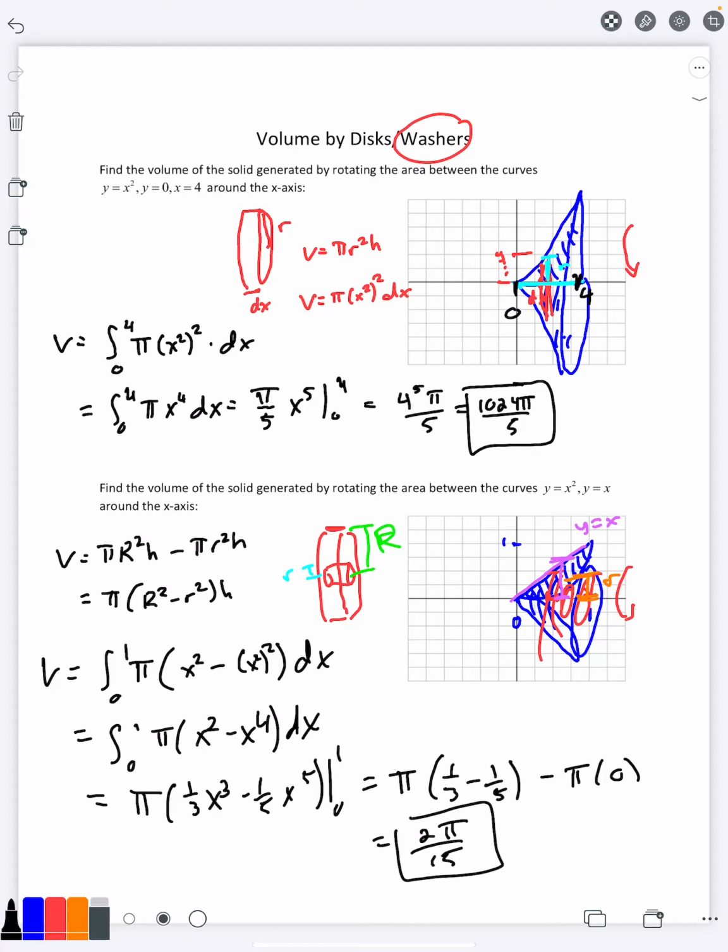So you see, this gives us the volume of this horn shape, but with the actual empty space in the middle. And that's the difference between disk and washer. Disk is where it's a fully solid object. Washer is where there's this inner emptiness that you have to account for by pi big R squared minus pi little r squared.